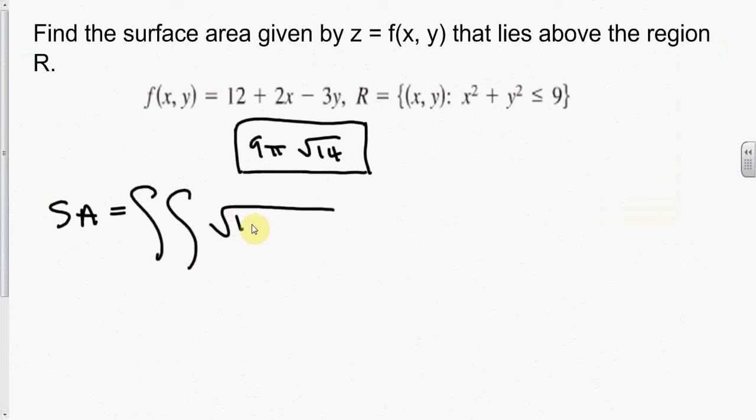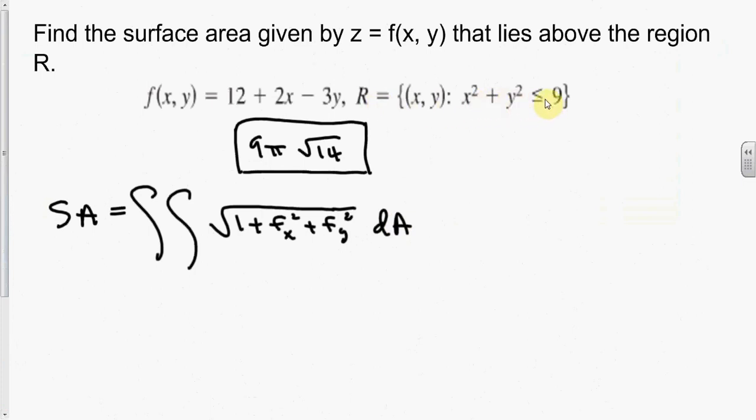Remember, it's the square root of 1 plus the partial of f with respect to x, that's squared, plus the partial of f with respect to y, that guy is squared. And then times how you define dA, the area. The area is based on the region. The region is a circle with radius 3.